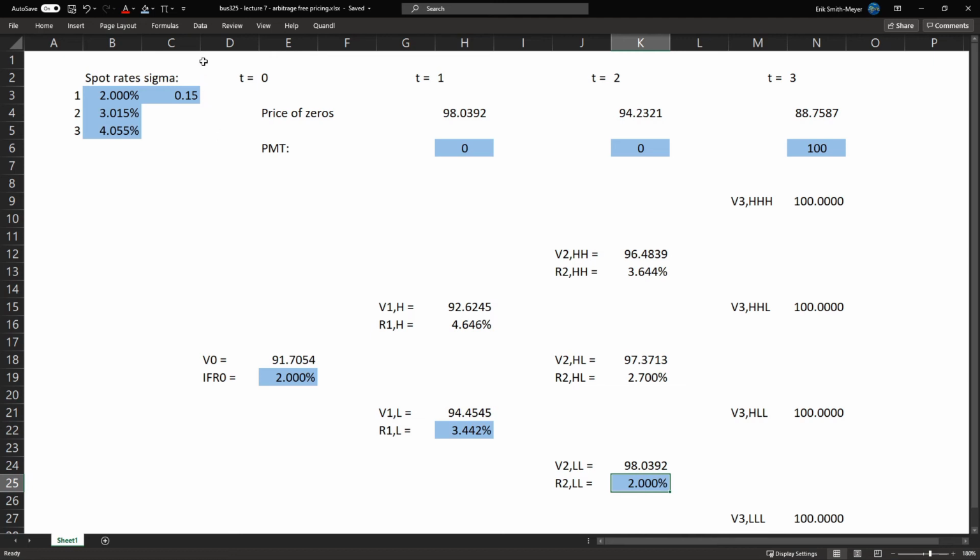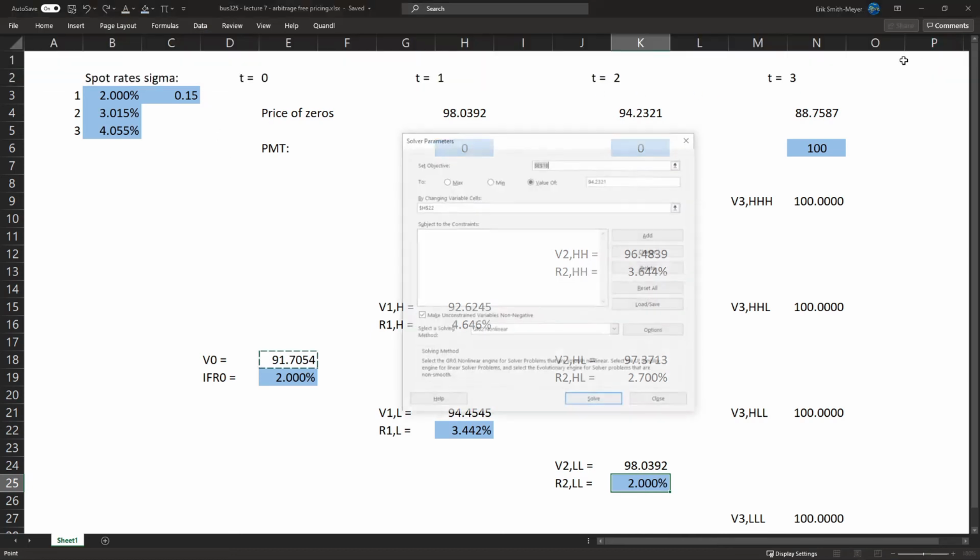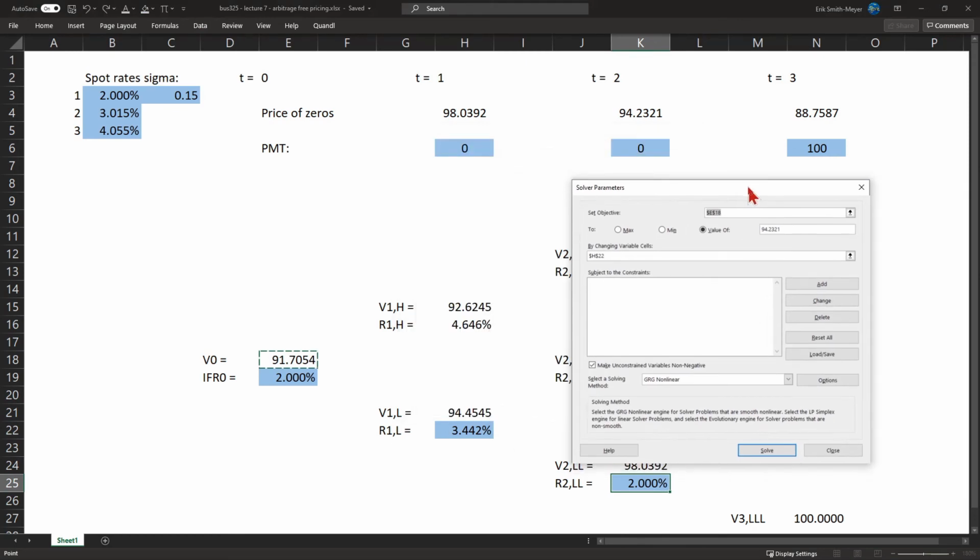So of course we don't want to just guess. We use a numerical method, which means that we set the objective, we set this cell equal to the value of 88.7587, okay?